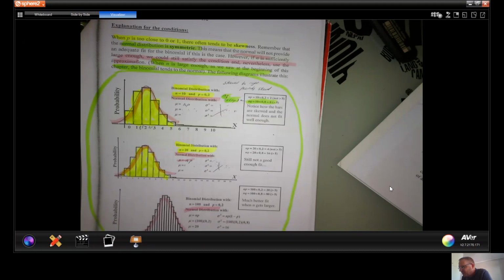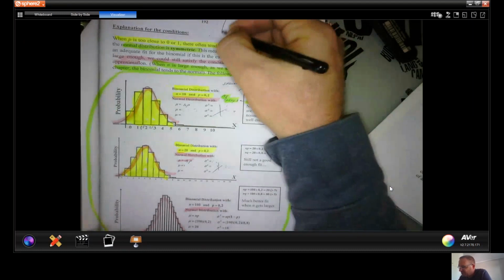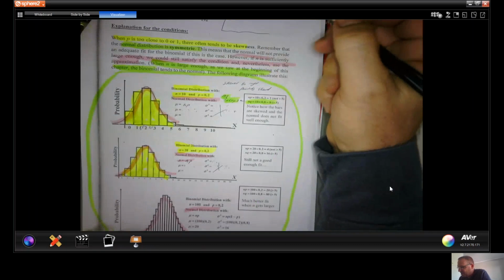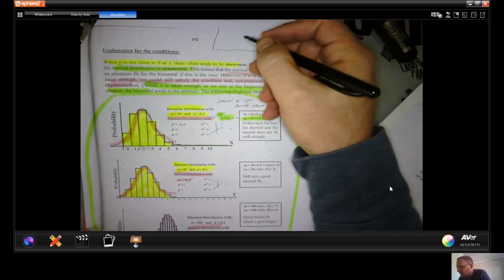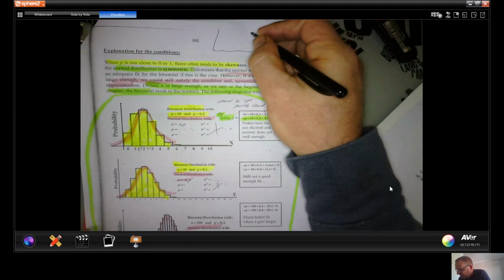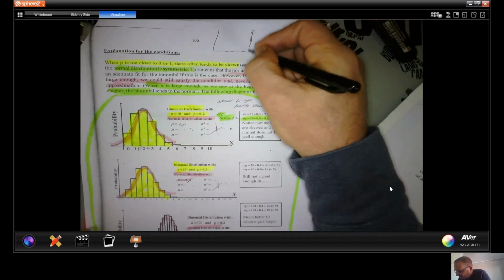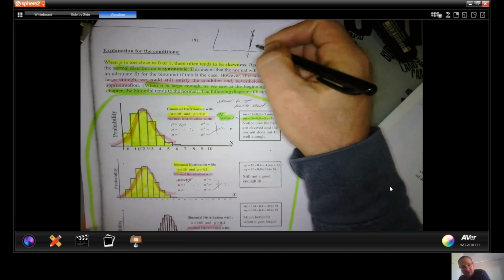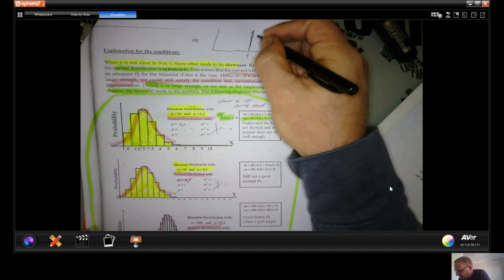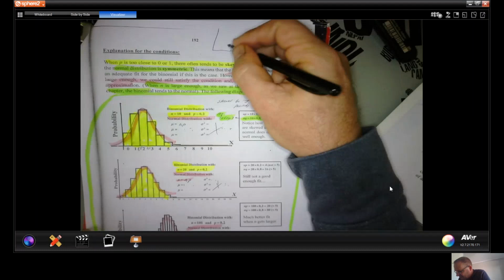When p is not close to 0.5, say there was a 90% chance that you scored a goal in the binomial distribution, and you had 10 throws, the highest would be around 9 and then it would go down like that.